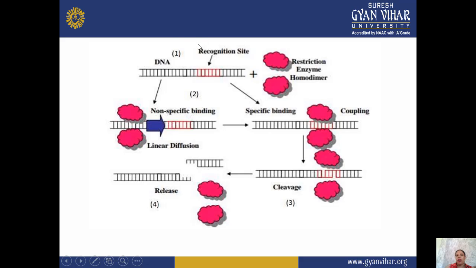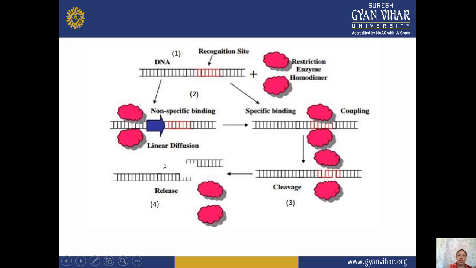In the second step, binding occurs, and binding may be non-specific or specific. In non-specific binding, the enzyme binds near the recognition site but not directly on it, but in specific binding the restriction enzyme binds directly at that site only.